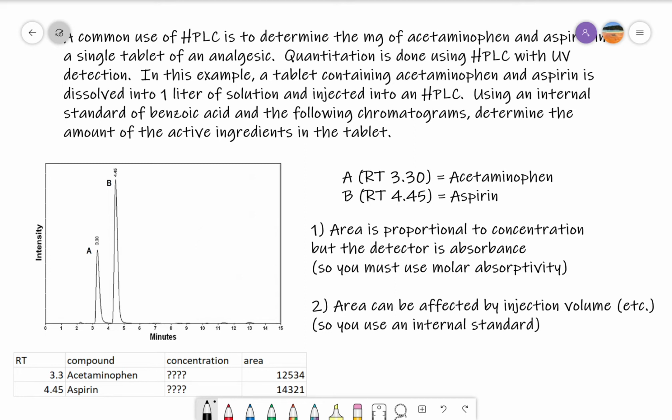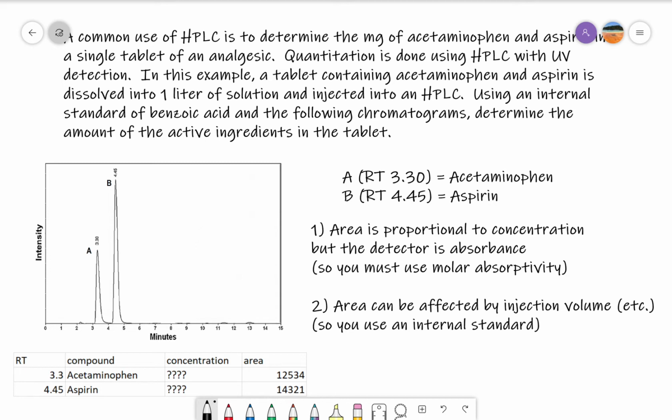I'm going to add at this point that during the course of this experiment, it's going to be important to use an internal standard to make sure that we can compare injections to injections. If we took our initial mixture containing the tablet and we injected it onto the HPLC, we would expect to see a separation of the two different components.